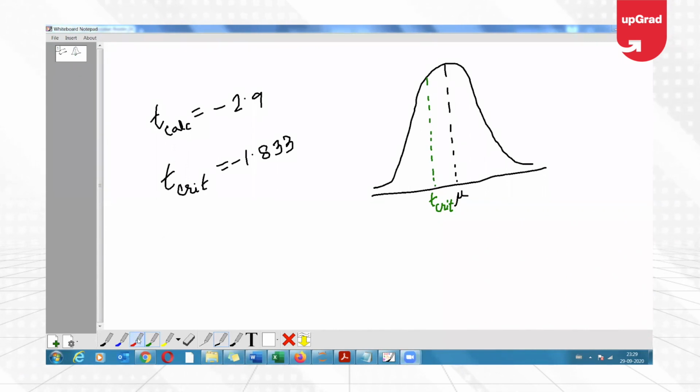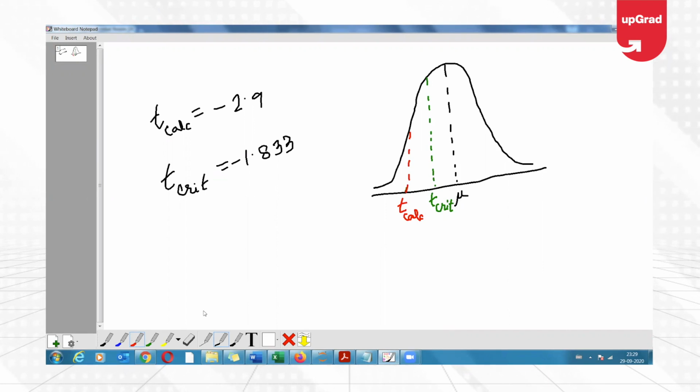So in our case, let's see where we find our value. So this is our T calculated. As you can see, T calculated is beyond T critical.